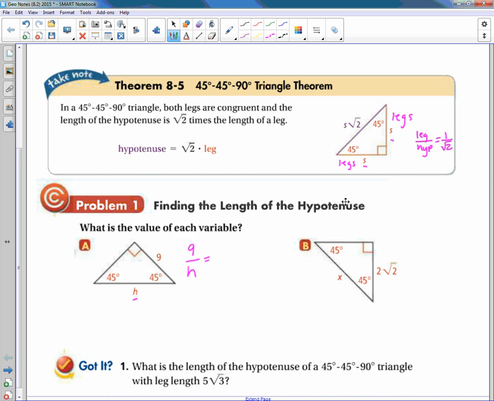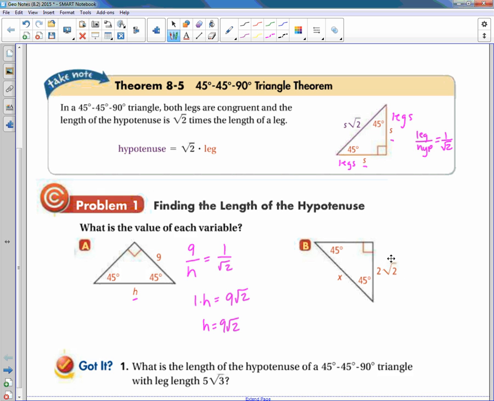And then I'm going to use my scale factor or my relationship ratio here, which is also leg over hypotenuse. When I do that, I'll cross multiply and I'll get 1 times h equals 9 times the square root of 2. Therefore, the hypotenuse is equal to 9 times the square root of 2.